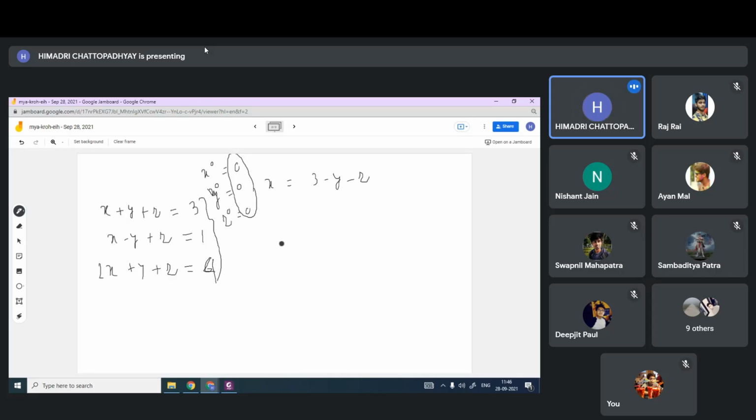Okay. So x is 3 minus y minus z. What is the x value now? If I put 0, 0, x becomes 3. Now what is the equation for y?